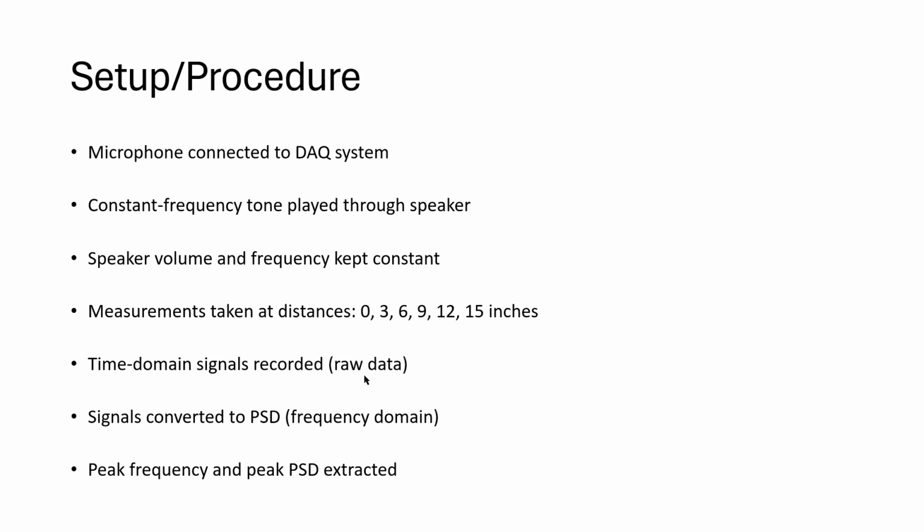At each distance, we recorded the time domain signal, the raw data, and then we converted it into the frequency domain using PSD. From this, I extracted the peak frequency and the peak PSD. On the next slide, I have my results.